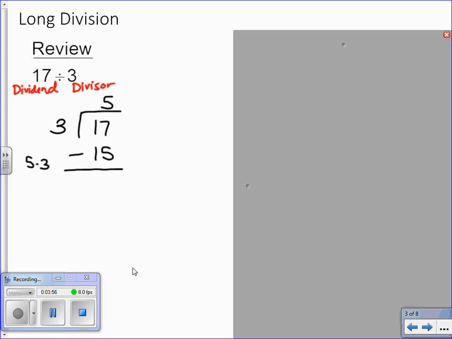And then 17 minus 15 is 2. Does anybody remember what 2 is called? It's your remainder. And then the part above where you divided, that's your quotient. Okay, so you got a remainder and you got a quotient.